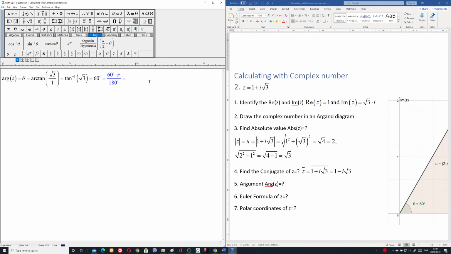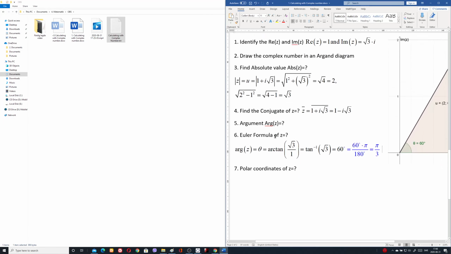And this gives pi divided by 3. So this angle here is 60 degrees, or pi divided by 3. Very good, now we can use it in the Euler formula. Okay, so now we have found the angle.